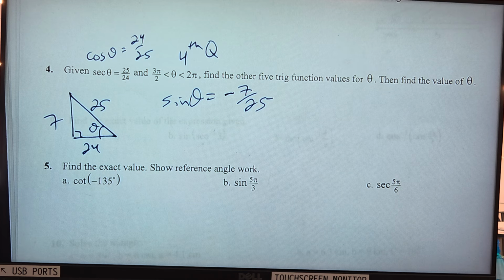I did it on the answer key a different way. I can show you what I did, but do you guys see what I'm saying? Now you can run through all of them easily. In quadrant 4, what's the sign of tangent and cotangent? Negative, because sine and cosine have different signs. So the only positive ones here are these two. Everything else is negative.